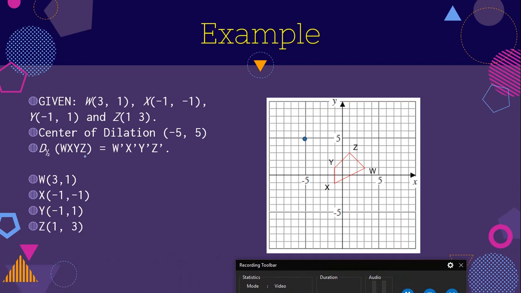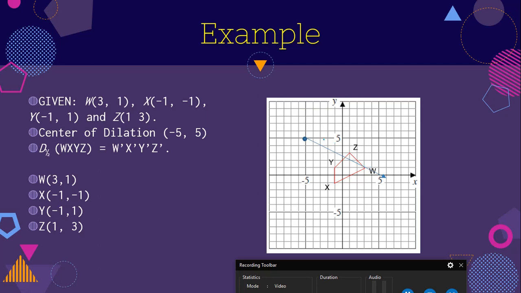In order to figure out where the new figure goes, we cannot use a multiplication rule because we moved away from the origin. But I do have to make my figure half the size. What I'm going to do is draw a line connecting the center of dilation to my first point, W. We're going to use the distance that it is from the center of dilation, and we're going to cut that distance in half.